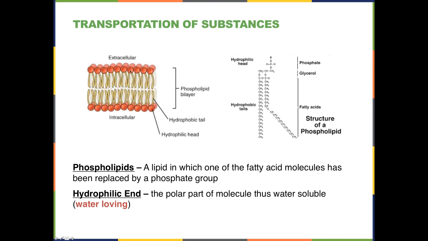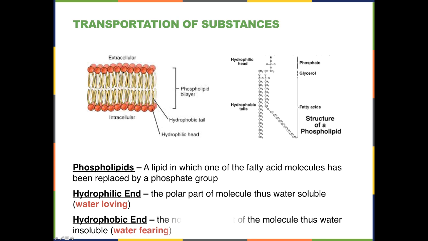The head part is hydrophilic, meaning that it loves water. It's polar. Water-soluble materials can dissolve in this area. And then the hydrophobic area, which is in here, does not allow water or water-soluble materials to enter.